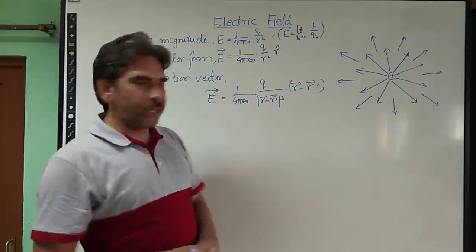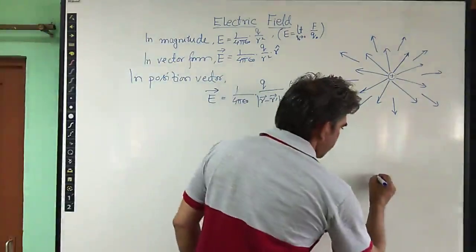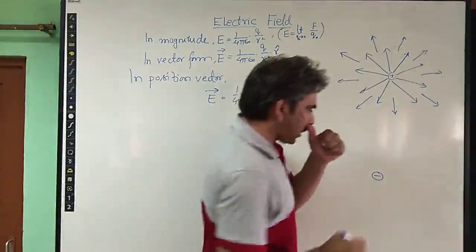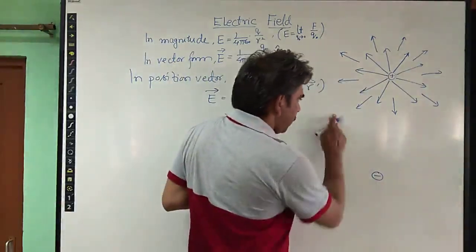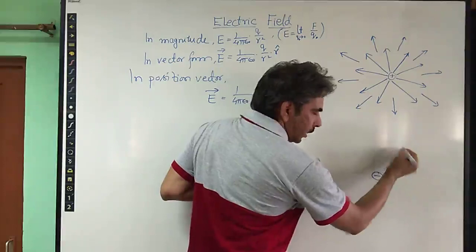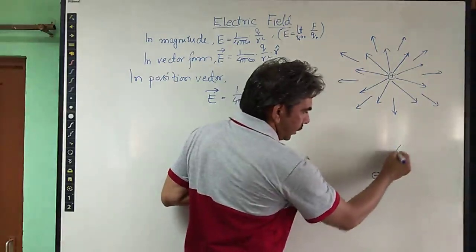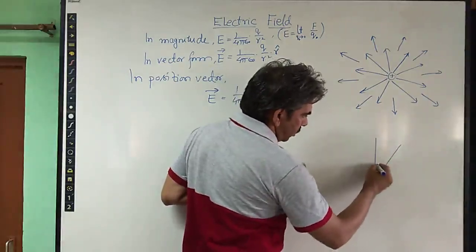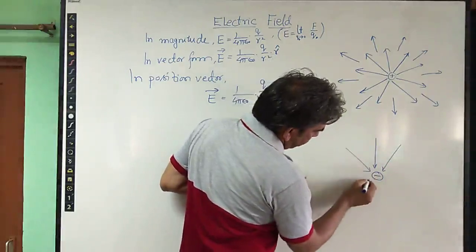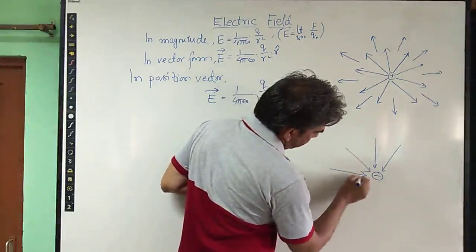What about the electric field due to the negative charge? Suppose that we have a negative charge here of some magnitude. Again, the electric field due to a negative charge is taken opposite to the electric field due to a positive charge, in this way.